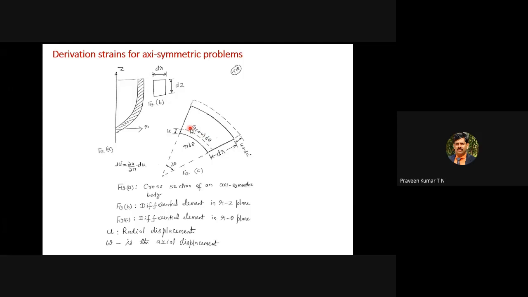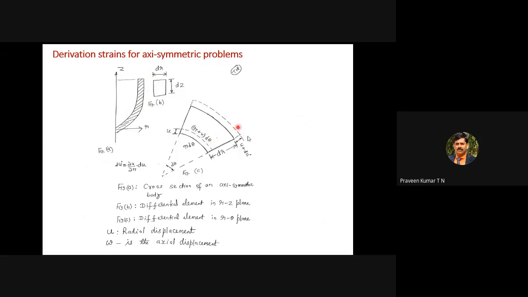After application of high pressure fluid flowing inside, the inner radius increases to r plus u, and the arc length becomes r plus u into d theta.